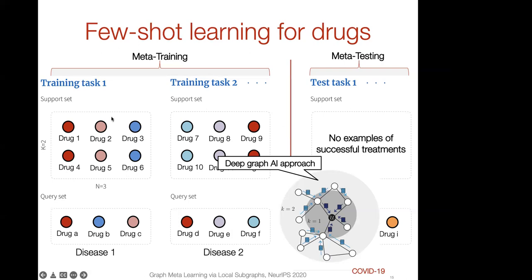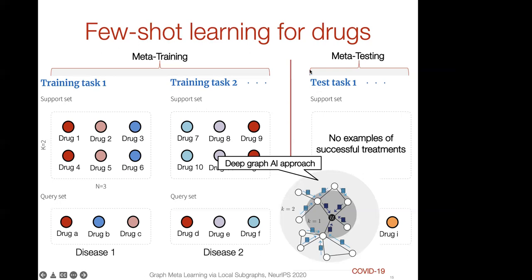And once the model did that, we took its learned parameters to initialize the model for training task number 2, when the model was again asked to continue to optimize its parameters to distinguish between drugs that are indicated to treat disease 2 versus drugs that are not indicated for disease 2. And we did that for all of the diseases with known treatments.